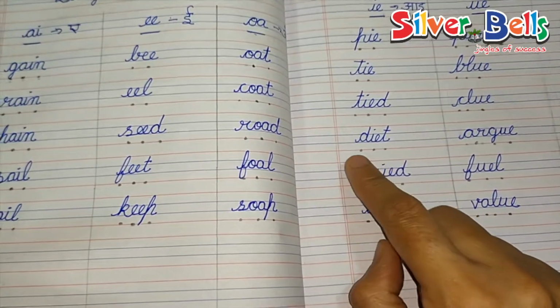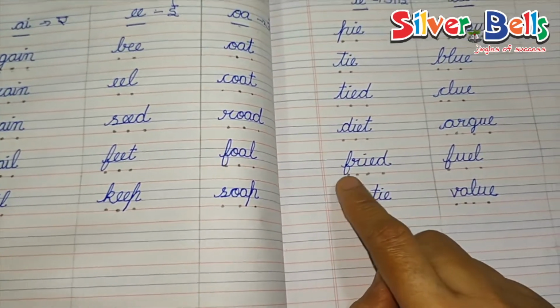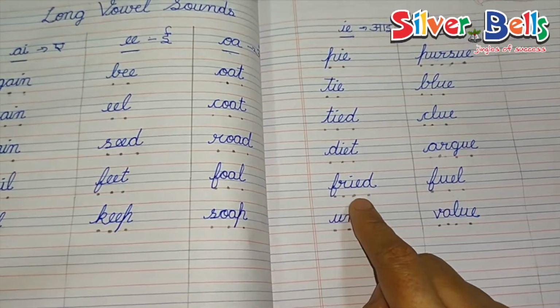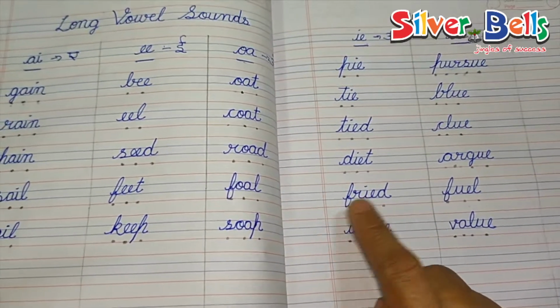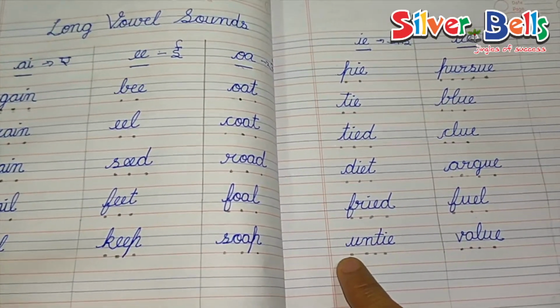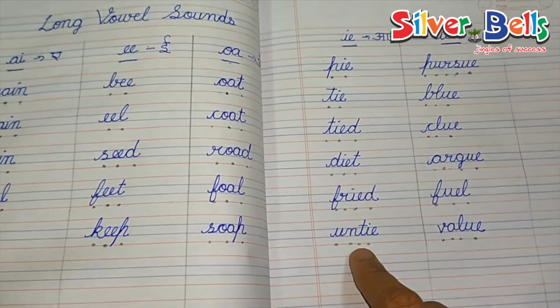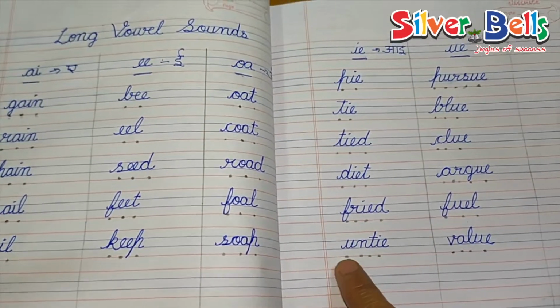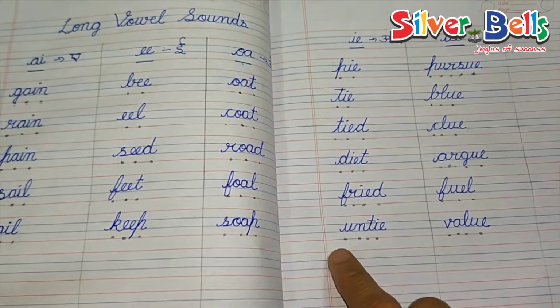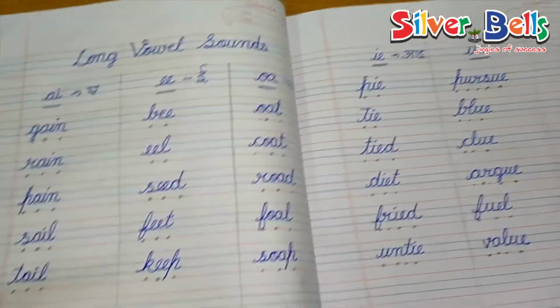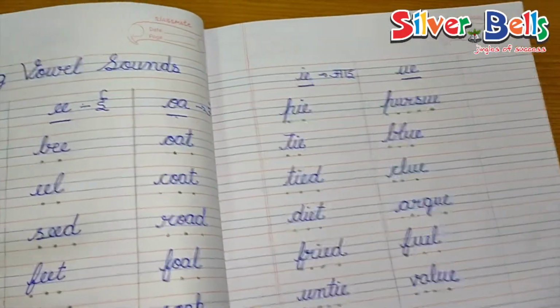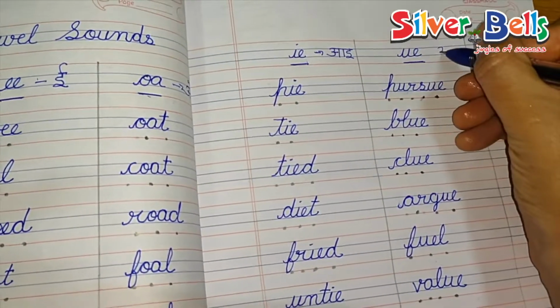I, diet. I, fried. I, untie. Untie. Very good. Now coming to the last vowel.